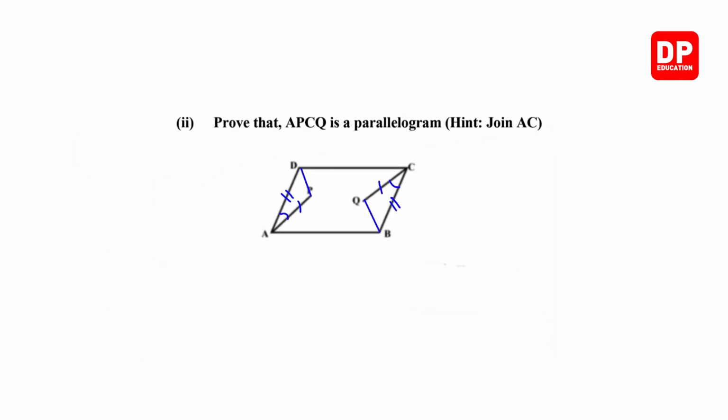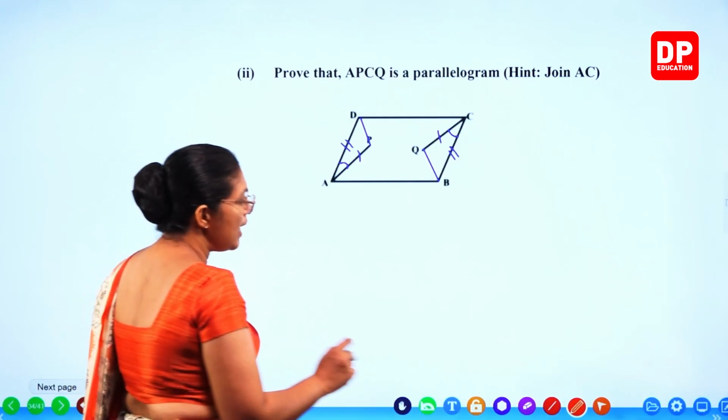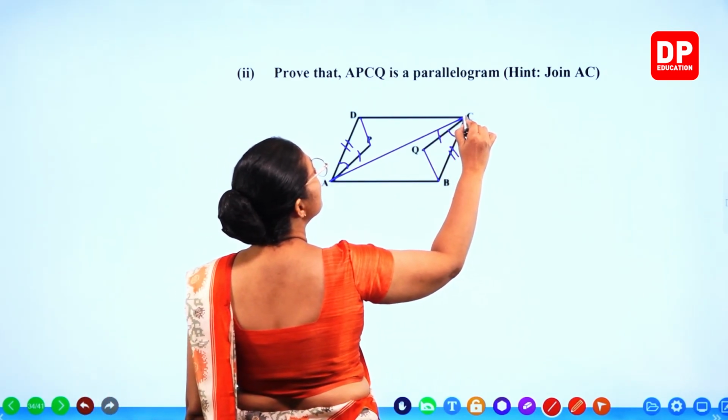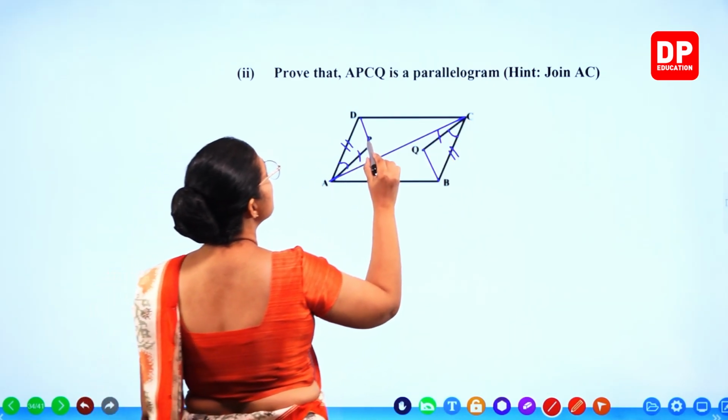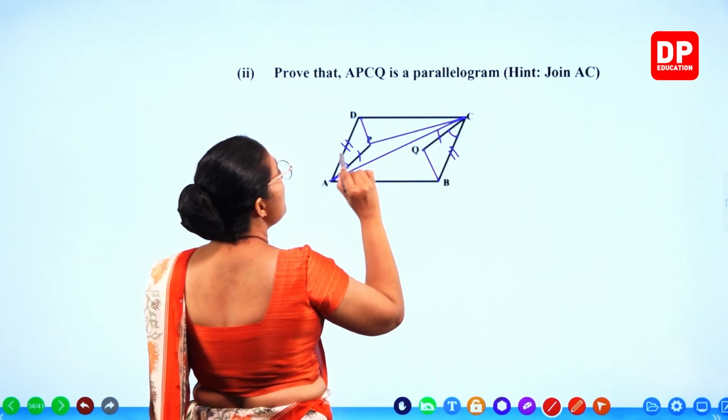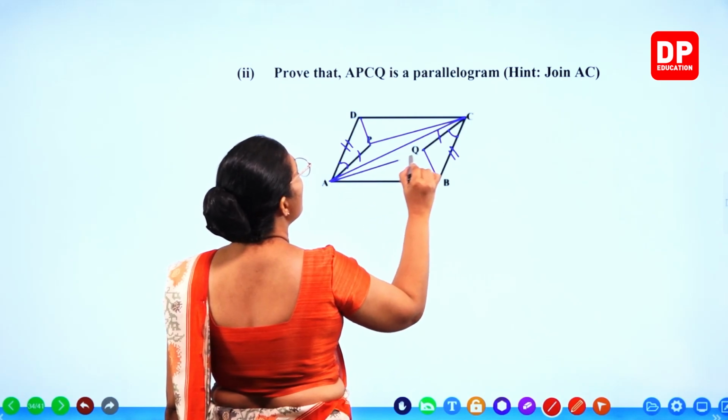Let's do the next part. Prove that APCQ is a parallelogram. Hint, join AC. So let's join AC and see. So you have to show that APCQ is a parallelogram.